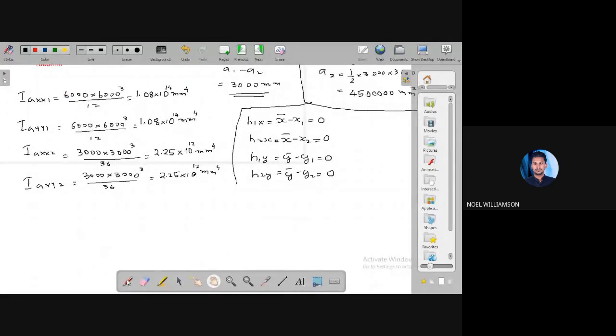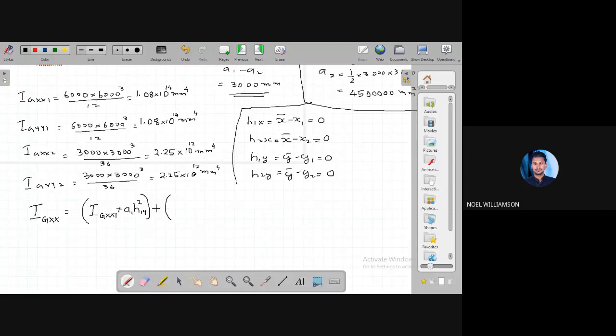So, what is the final relation? That is, moment of inertia about the centroidal x-axis equals moment of inertia about the centroidal x-axis of section 1 plus area of section 1 into h1y square, minus, because this is the rectangular section which is to be added, and now the next section is triangular which is to be removed.